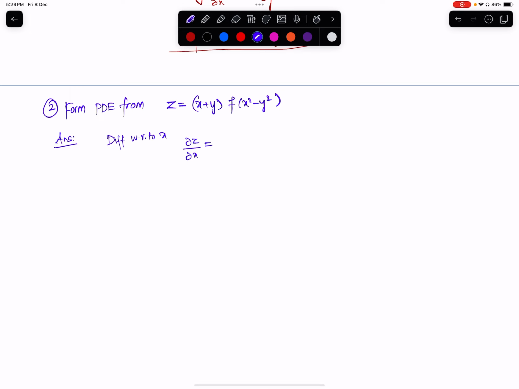is equal to, don't forget, in this place you have to be very careful. Here two things are multiplied. Don't forget to apply the product rule, uv' + vu'. So that formula you have to use.